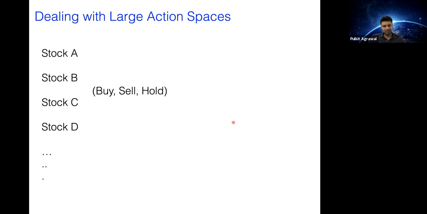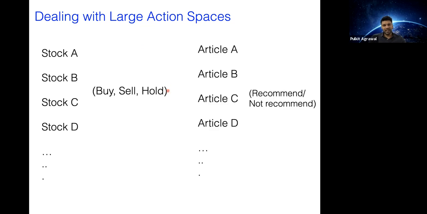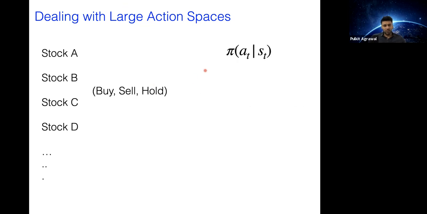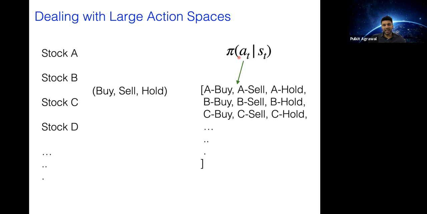So for example, let's consider a scenario where we have multiple stocks, say A, B, C, D, and so on. And there are three possible things I can do. I can either buy a stock, sell it, or just hold it. And similarly, I could have different articles like A, B, C, D, and I could either recommend or not recommend the article. Now what we want to learn is the policy pi.